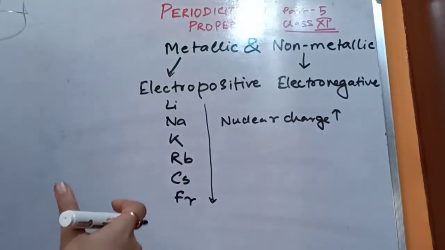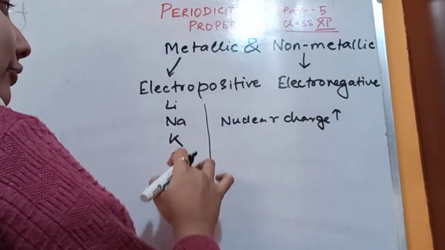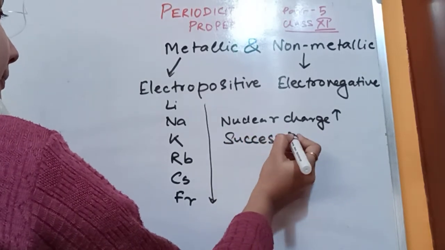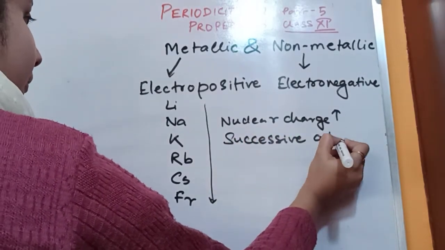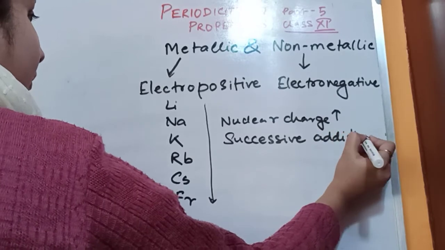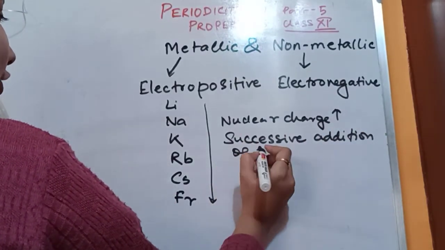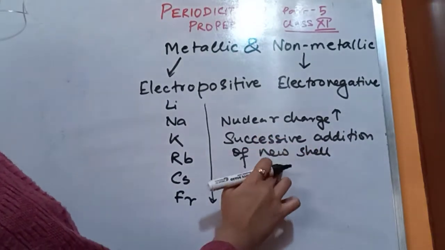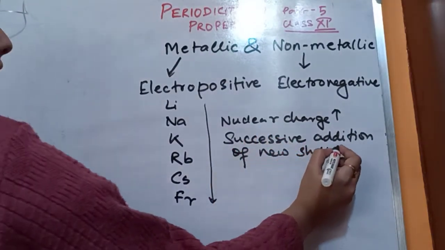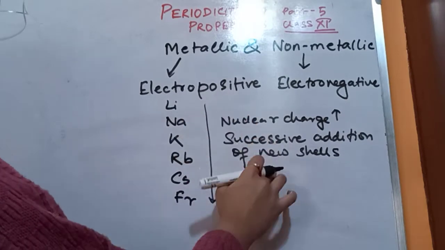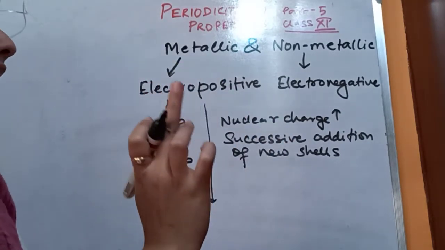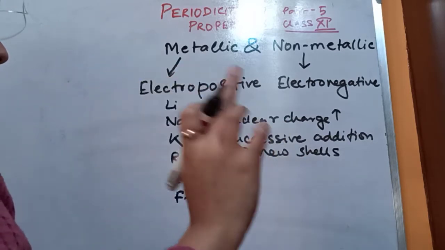But I have told you earlier also, as we are moving down the group, there is successive addition of new shells, and the effect of the successive addition of new shells is much greater than the effect of the nuclear charge. So down the group atomic radii increases, which I have told you in the last video.